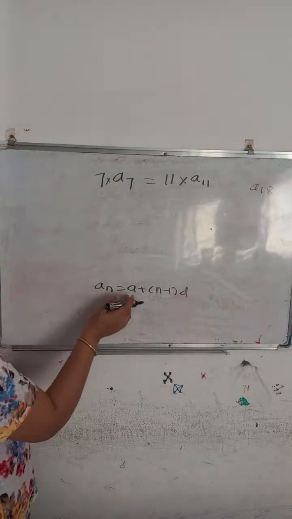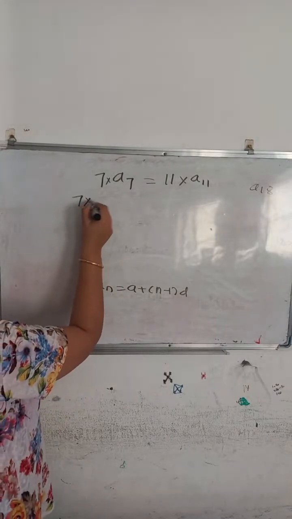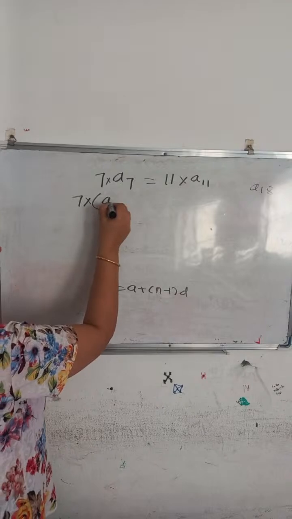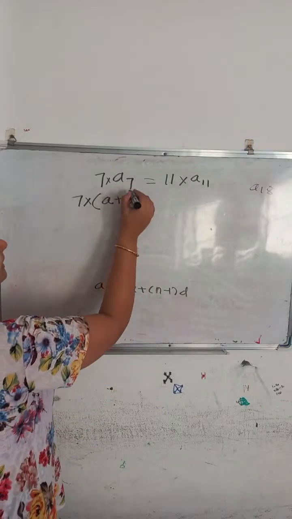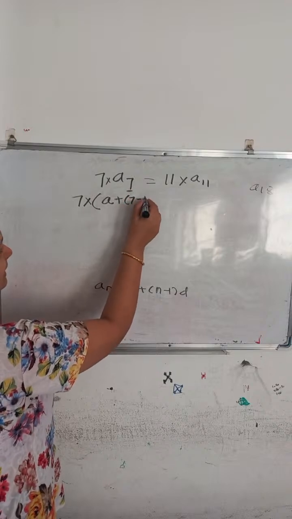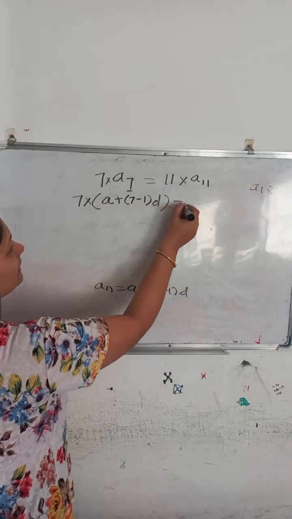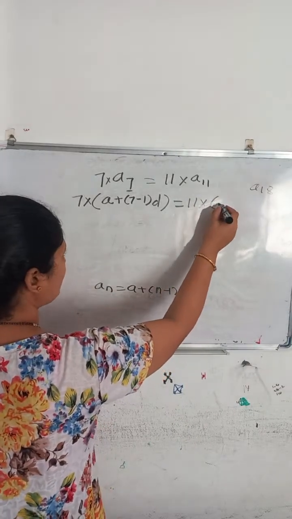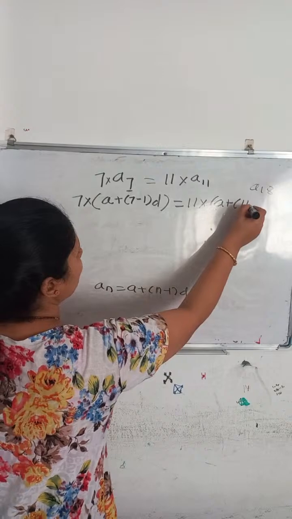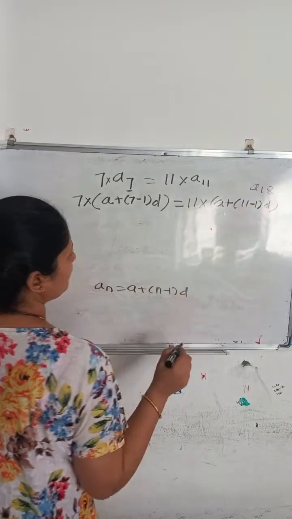So if we use this formula, 7 into a7 is A plus (n minus 1) D, where n is 7, so 7 minus 1 into D, is equal to 11 into, inside the bracket, A plus (11 minus 1) into D. Getting this?